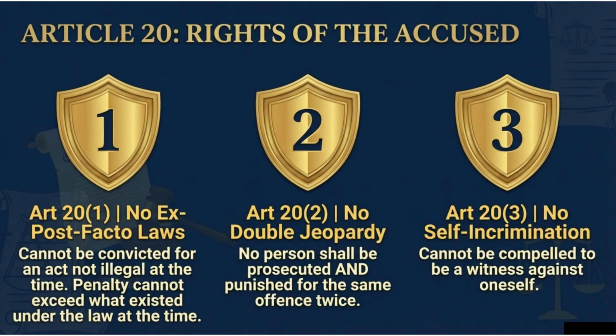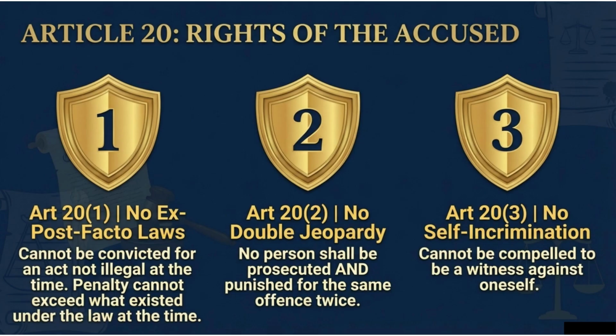It has 3 protections. The first is under Article 20(1), which says, no person can be convicted for an act that was not an offense at the time it was committed. This is the prohibition of ex post facto laws. Also, the penalty cannot be more than what was in force when the offense was committed. The second is under Article 20(2), which is double jeopardy.